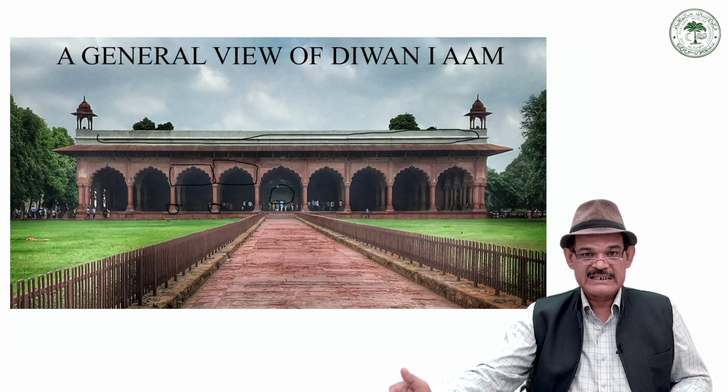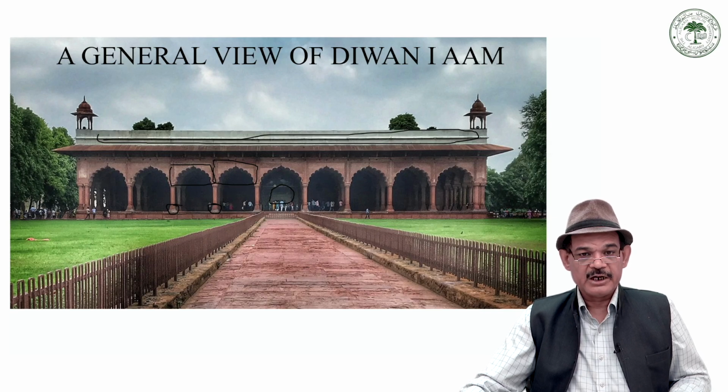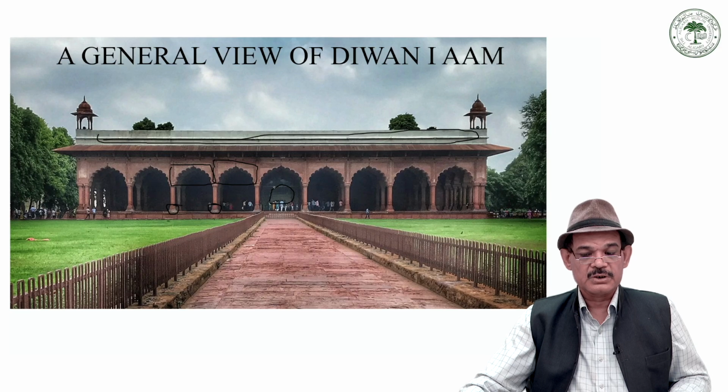This canopy exists at the rear end, in the center arch, and is decorated with relief carving studded with semi-precious stones. This canopy was used as a throne by the emperor when he held a court.